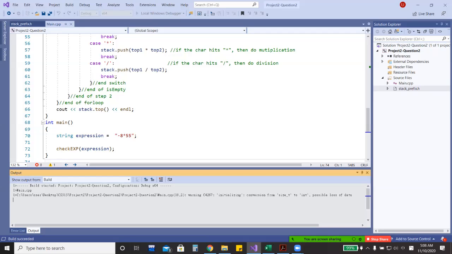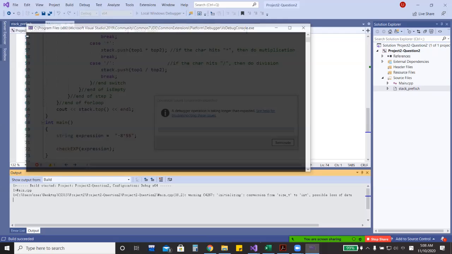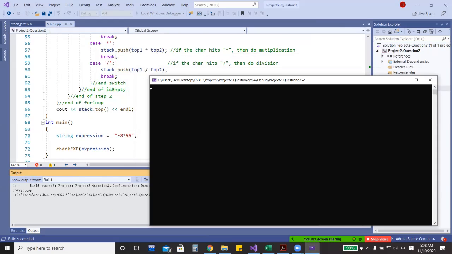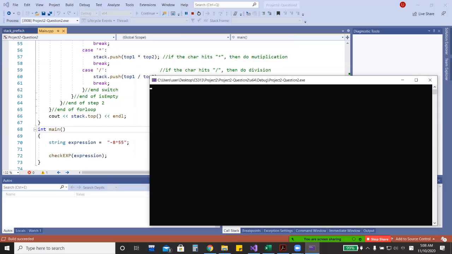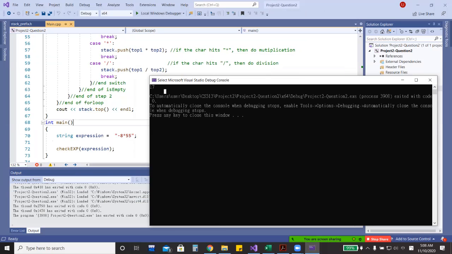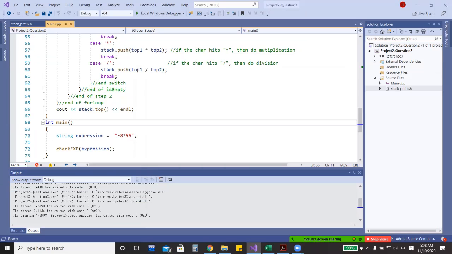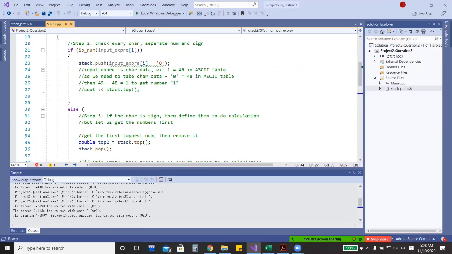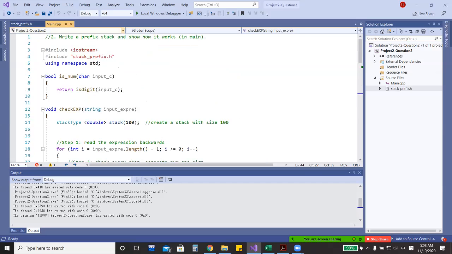A little bit of lag. 17, right? So yeah, that is all for this prefix for question 2.